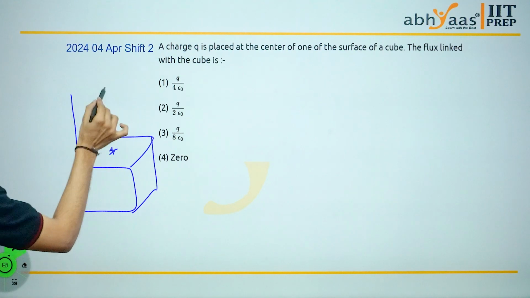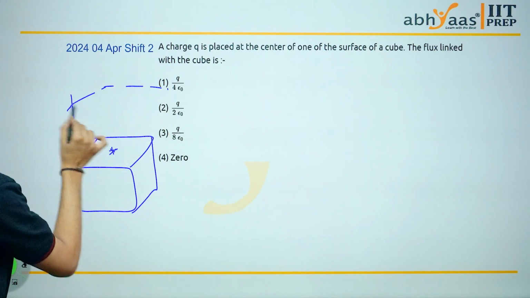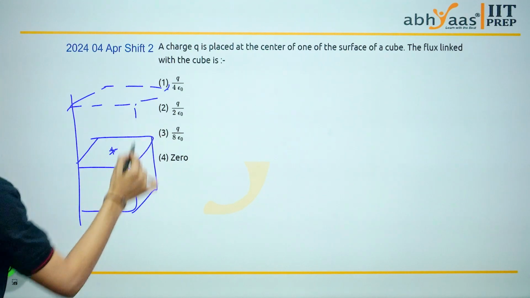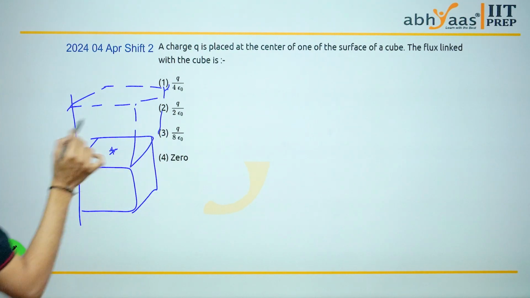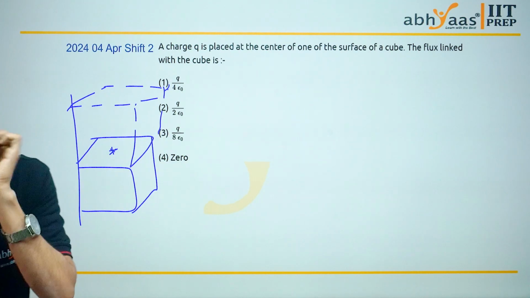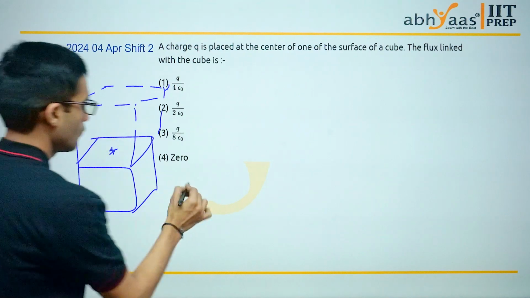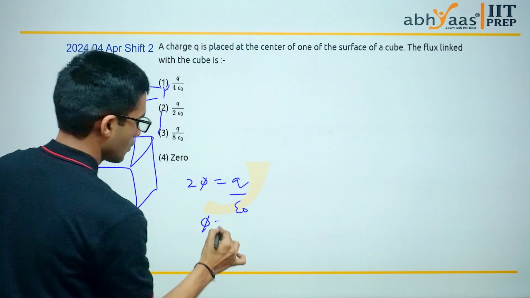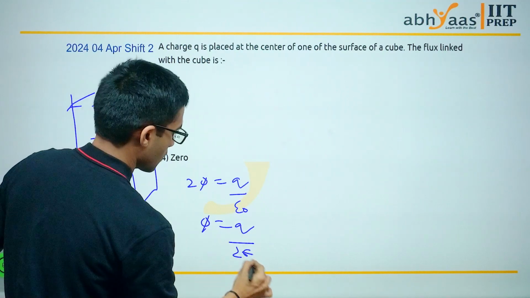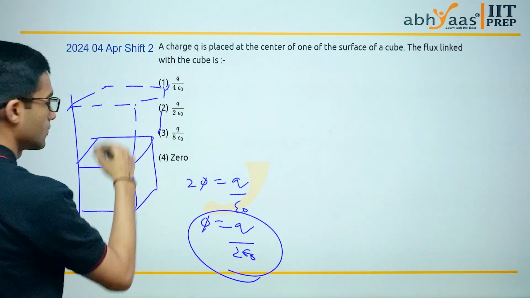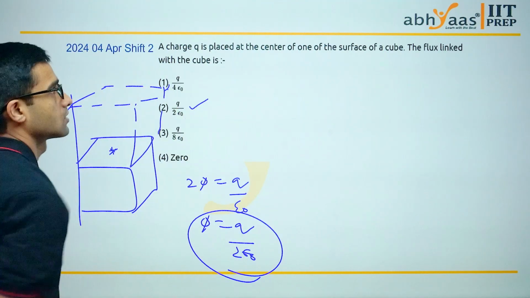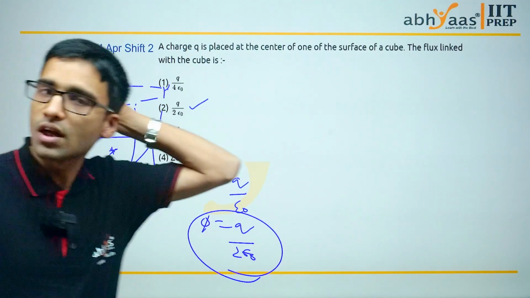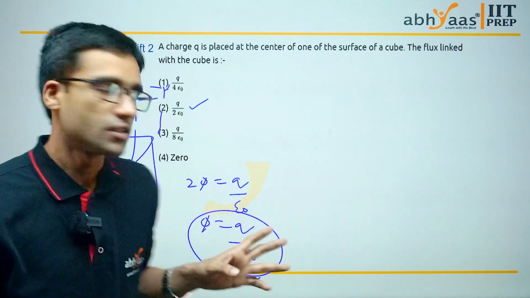If you take another cube, the flux inside only can be included. So 2φ is equal to q/ε₀, so φ is equal to q/2ε₀, because both cubes are there. This is the answer. Simple thing, from Gauss law we can easily answer this question.